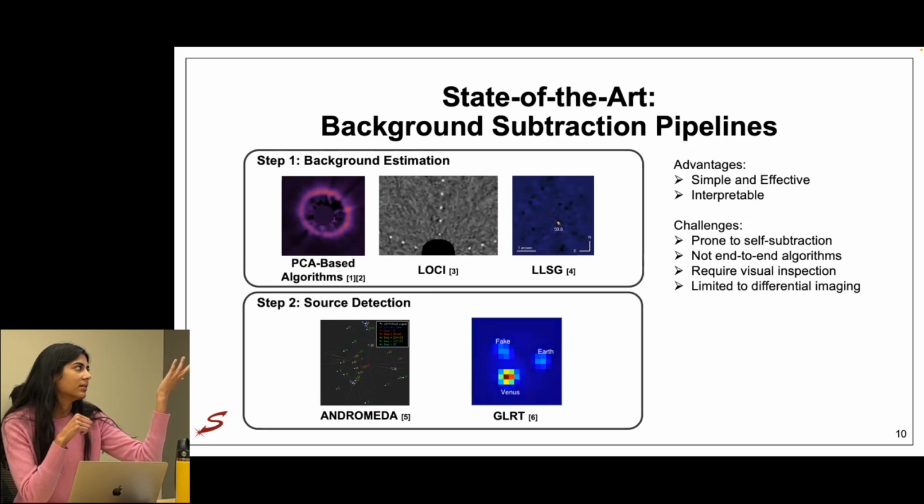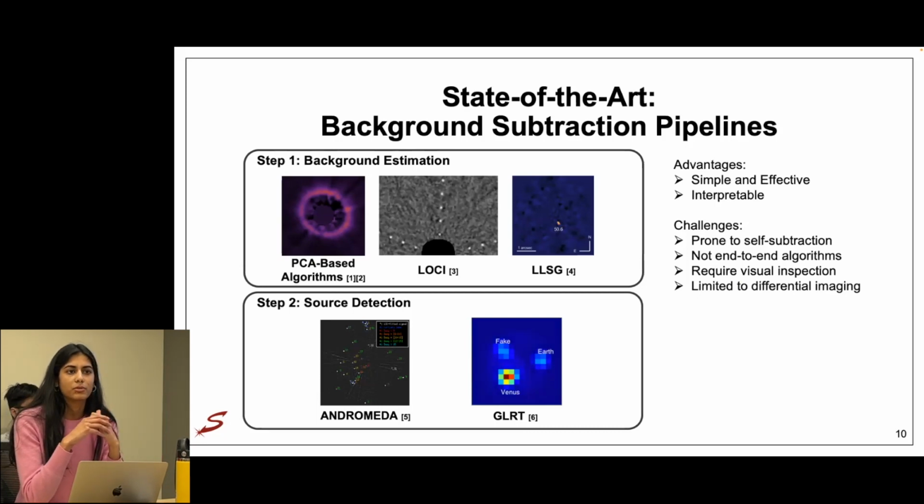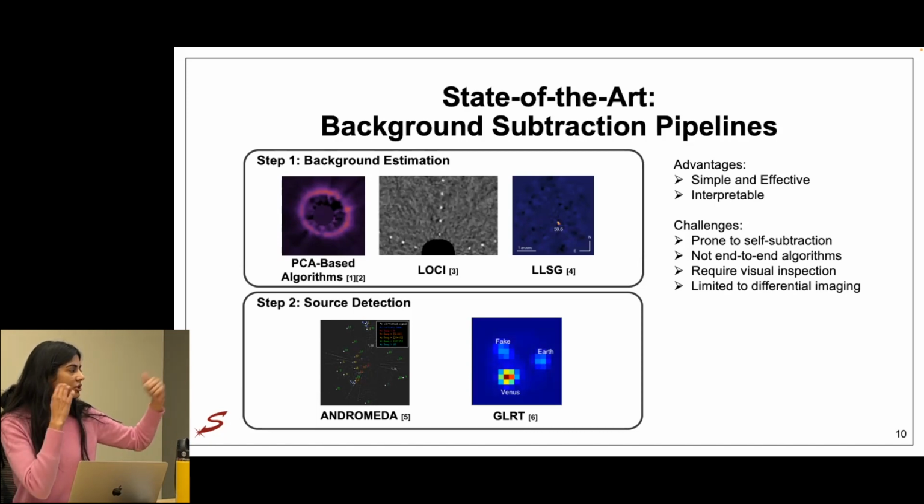Alternatively, Loki and LLSG both do local optimization on different parts of the image and then combine them to create the image that's subtracted off from the inputs. And like I mentioned earlier, once you have those residual images, you're either visually inspecting to determine where the exoplanets are, or you can use some of these source detection algorithms.